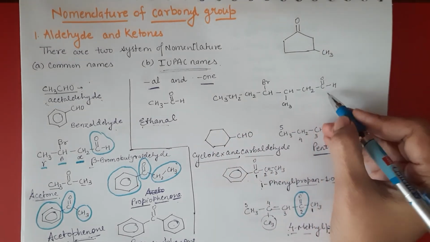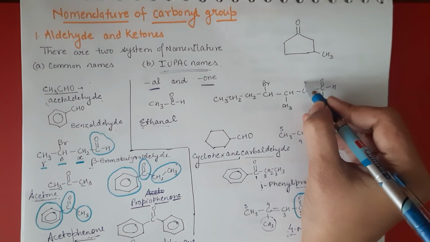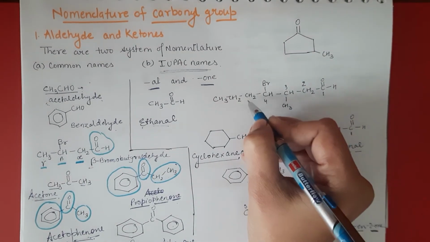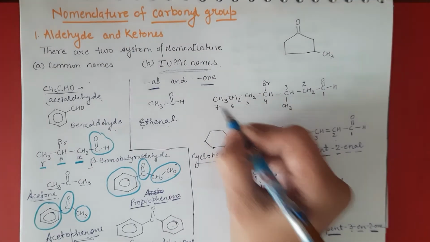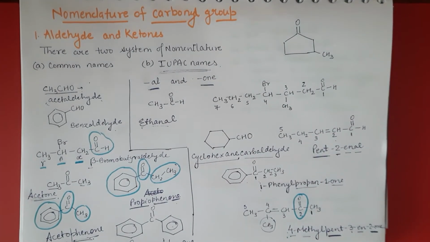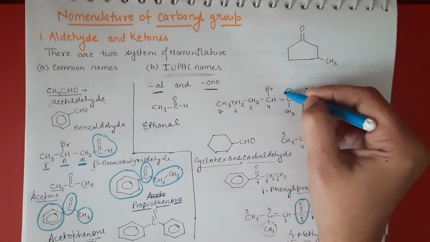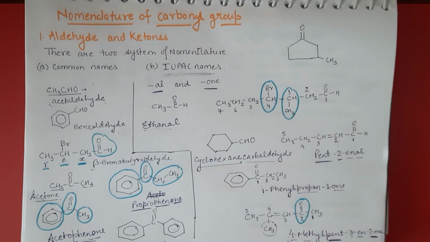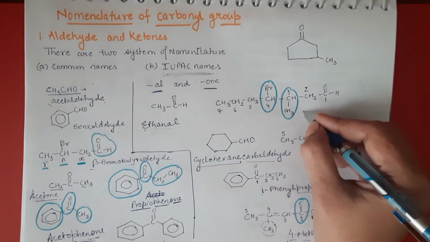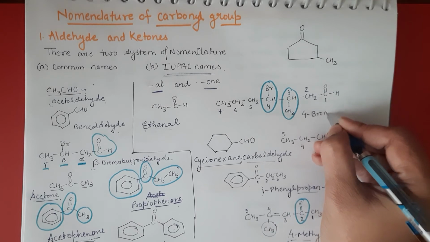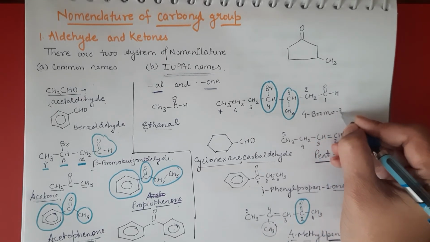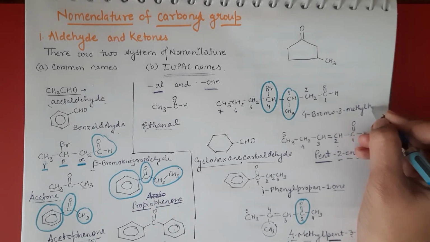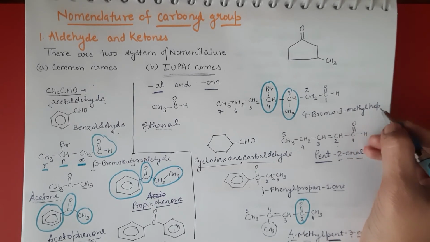Okay, this compound is very long. You can start the numbering from this side, 1, 2, 3, 4, 5, 6, 7. So here you can see the side chains present at 3rd carbon, at 4th carbon. Okay, so the name will be 4-bromo 3-methyl heptanal.